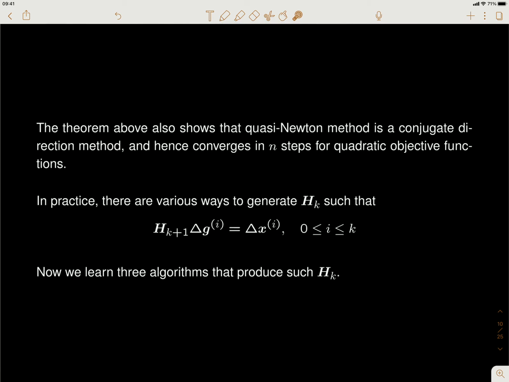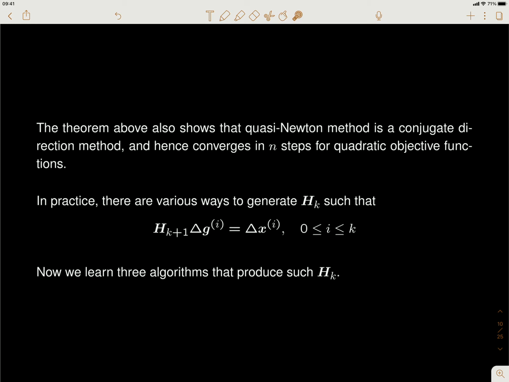Okay. So what this theorem actually says is that if we have the Quasi-Newton property for the H matrix, then the Quasi-Newton method is actually a conjugate direction method. It's not a conjugate gradient method yet, but it is generating Q conjugate directions along the way, although it is different from the way we generate those directions in the conjugate gradient method.